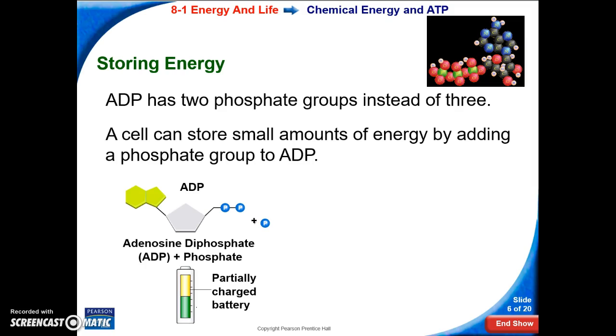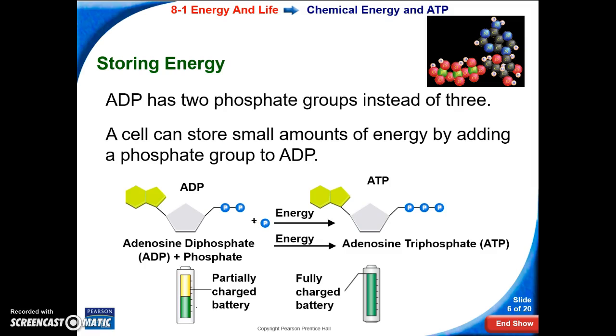So a cell can store small amounts of energy by adding that 3rd phosphate group to ADP. Because when you have ADP, you only have a partially charged battery. But if you put some energy into the system, then we can add that phosphate to the end to make ATP. And at that point, that's a fully charged battery.